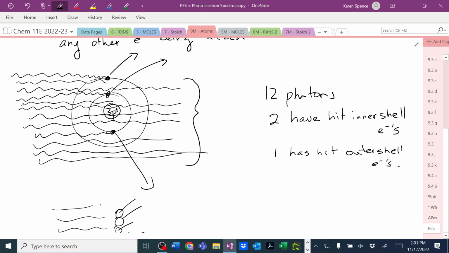I actually don't know. If I were doing this, I wouldn't bother chucking photons at it that just barely had enough.